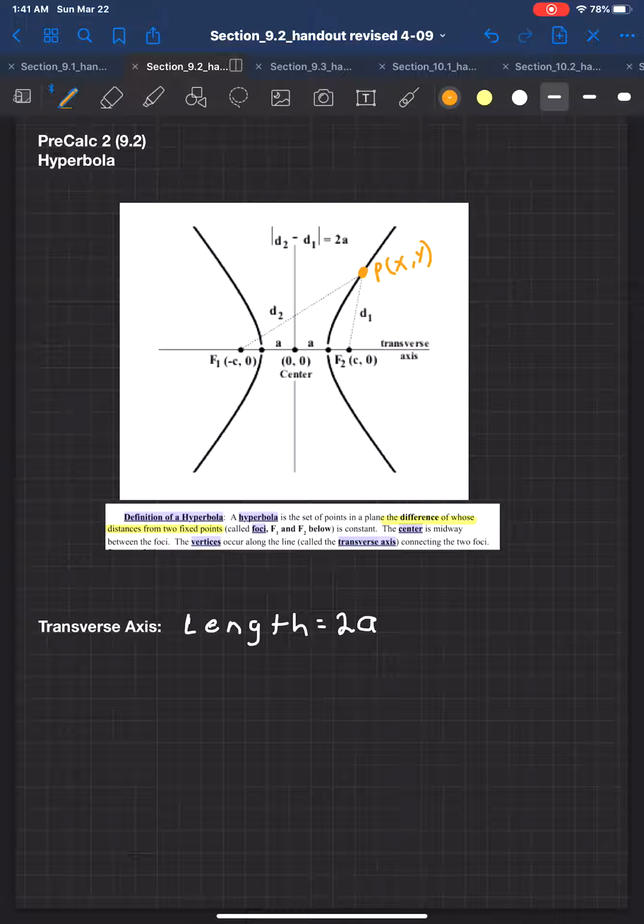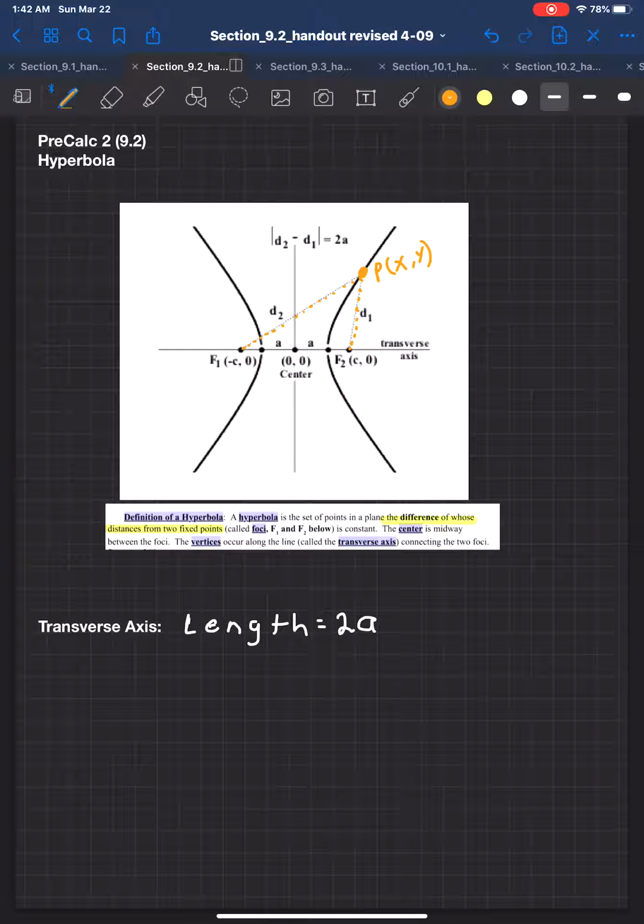Now, just like with the ellipse, there are two points, which we call the focal points, that we use to define the hyperbola. And that's what you're noticing here. There's a distance from each focal point to that point P. In this definition, it says the difference, meaning subtraction.